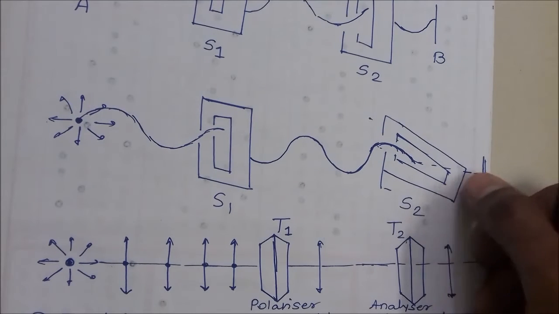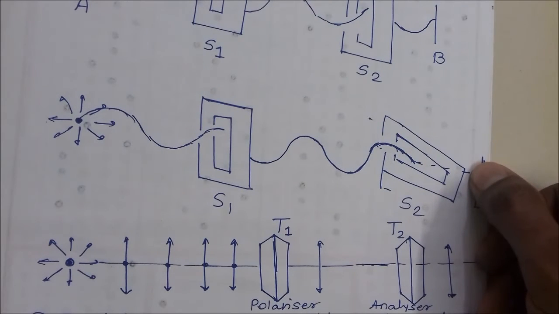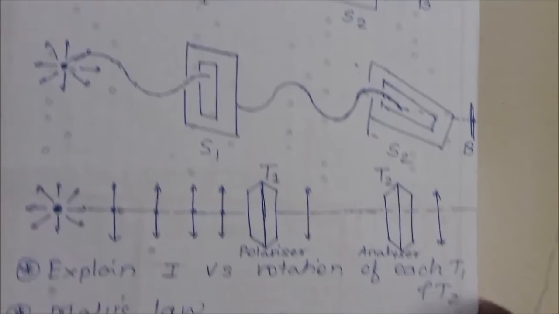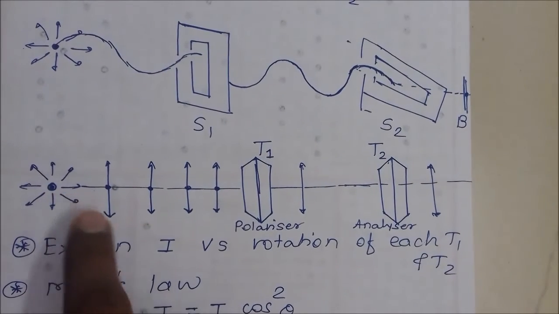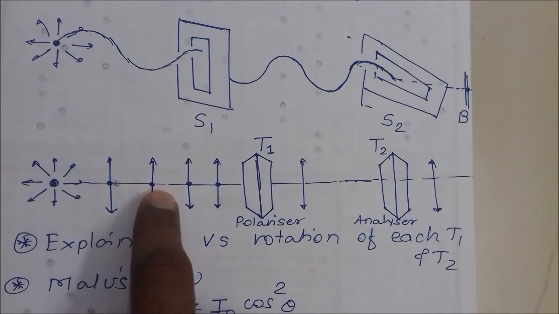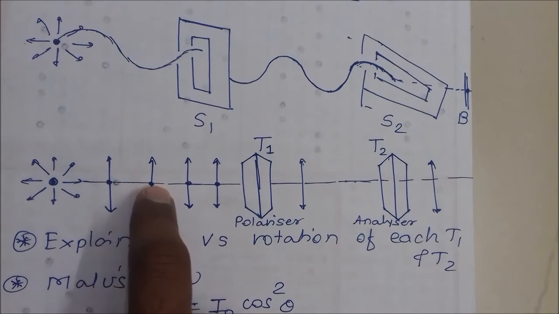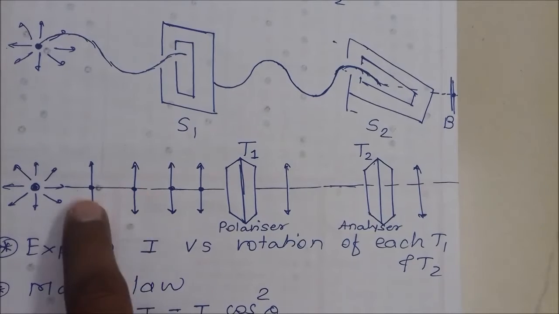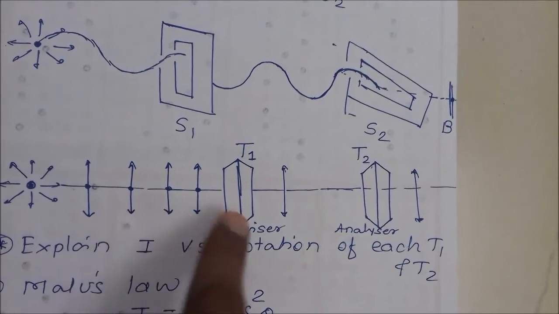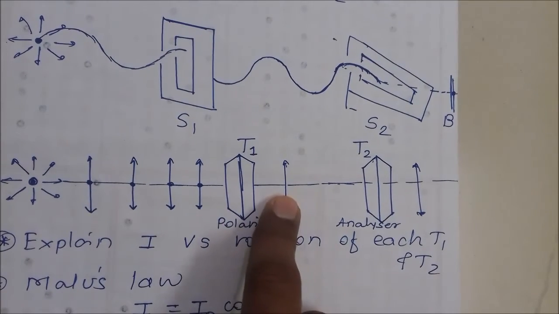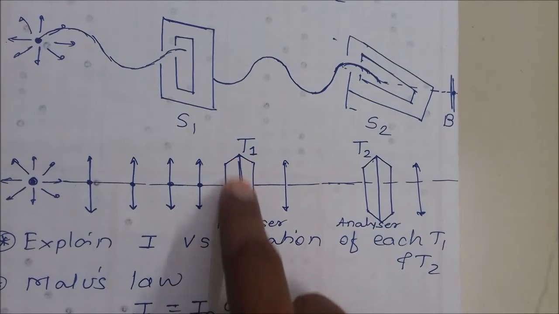Therefore, after this slit there are no vibrations, no light is present. This is the way in which unpolarized light is shown. When unpolarized light is passed through a polarizer, light becomes polarized. This is the transmission axis.